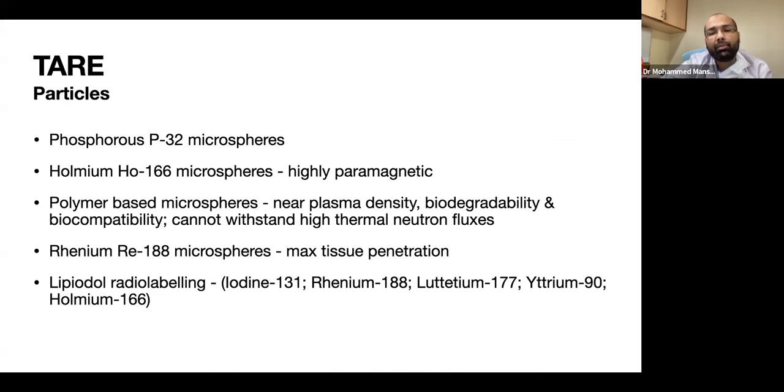They have a near plasma density, and the benefit and the advantage of their biodegradability and biocompatibility helps them. They can be selected as the better choice, but they cannot withstand the higher thermal neutron fluxes at the time of preparation. So they are used mostly with Holmium-166 and Rhenium-188 microspheres.